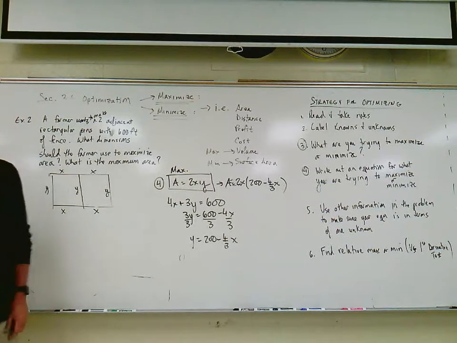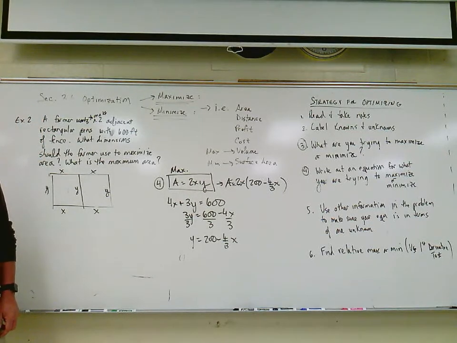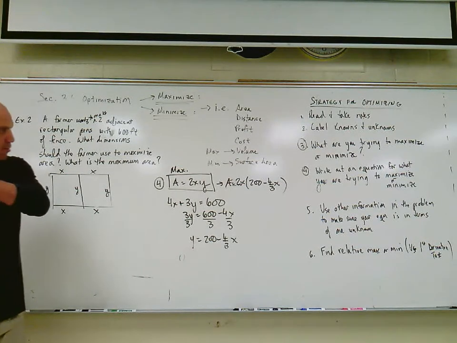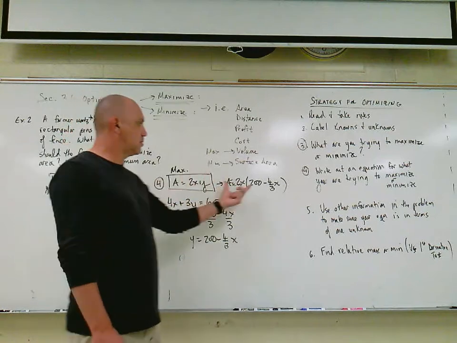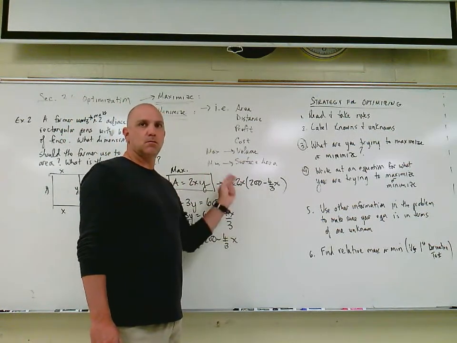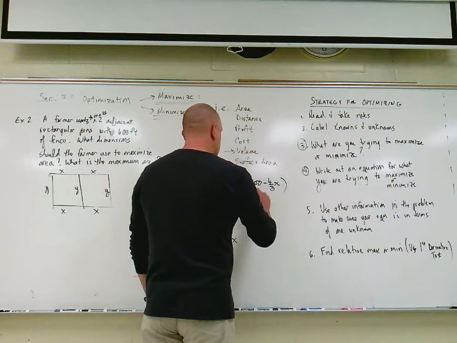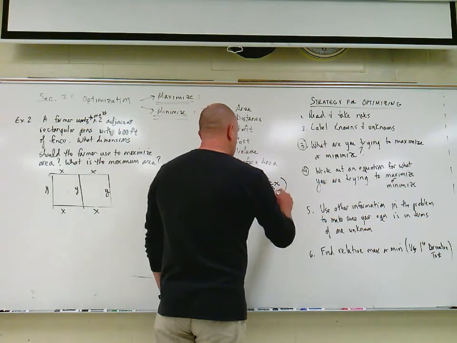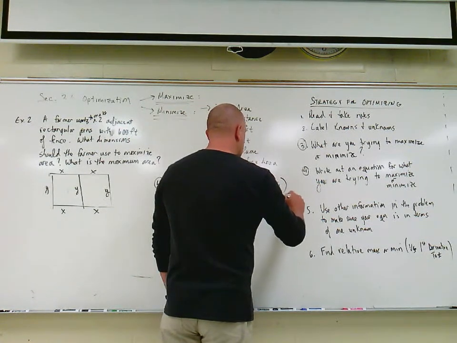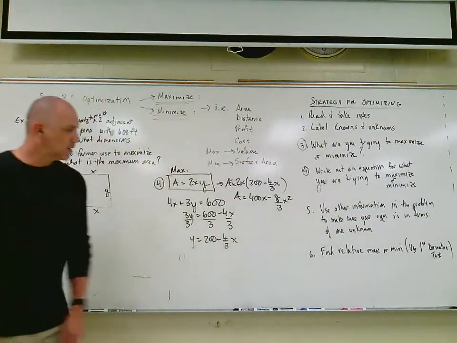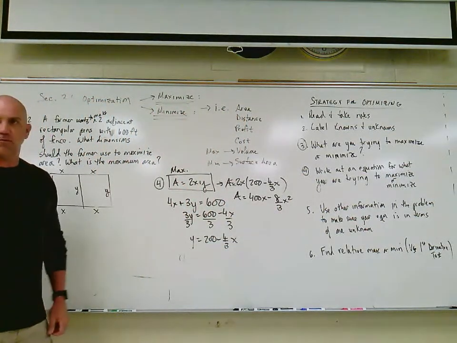Now I'm at my last step, but I might do one more thing before the calculus. What might it be? Same thing I did on the other problem: distribute. I want it expanded. That's 400x minus 8/3 x squared, and now it's ready to go. Now you can do your first derivative test.